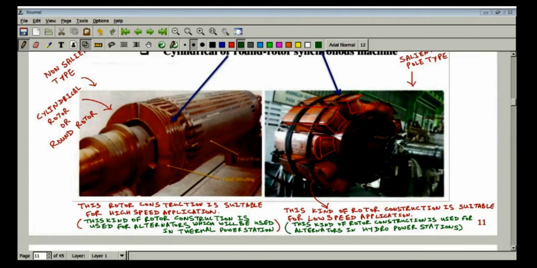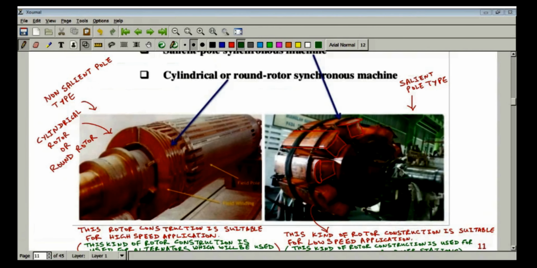Now, what is another point which you can see? This is a mechanically weak structure, and this thing is your mechanically strong structure.